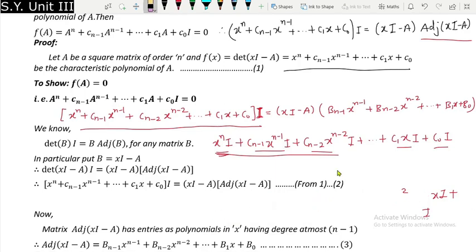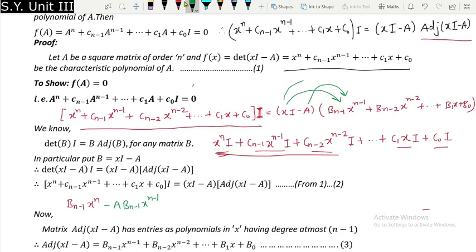Now we have to take the product of the right hand side also. So let me write it here. First of all, I will multiply this xi with this. So what you will get? The term will be bn minus 1 x raised to n. Now I will multiply this a with this term, so you will get minus a bn minus 1 x raised to n minus 1.